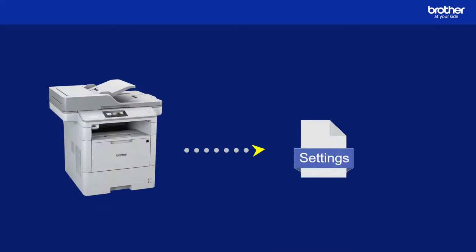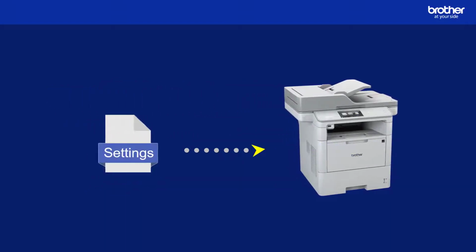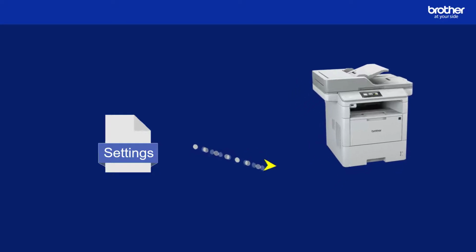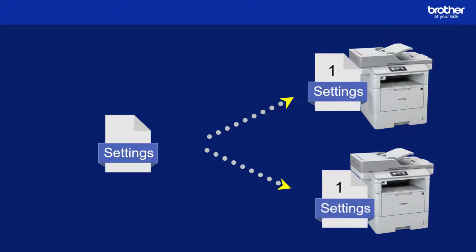So far, I have created a file that included the settings I exported from my Brother device. I could, if I wanted to, use it as a backup file to restore my device's settings. However, unless I did something extra to this file, it would have sent the same settings to both of them.